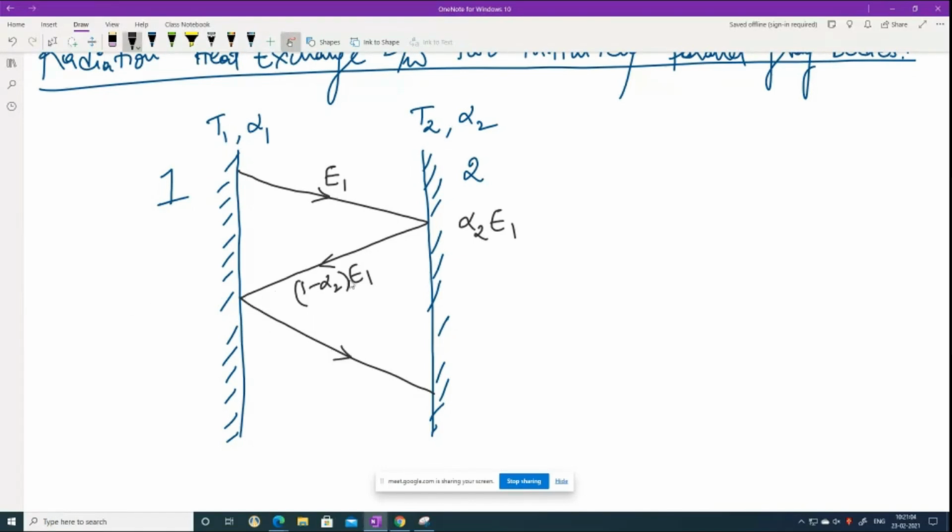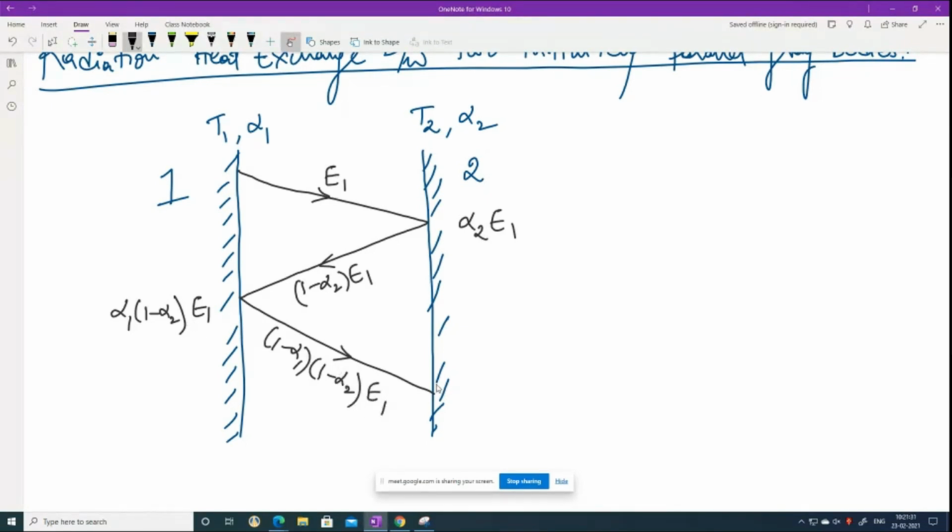What will be absorbed? This much, 1 minus alpha 2 into E1, into alpha 1 will be absorbed onto body 1. So what will be absorbed here is alpha 1 into 1 minus alpha 2 into E1. And what will be the remaining thing? 1 minus alpha 1 into 1 minus alpha 2 into E1.